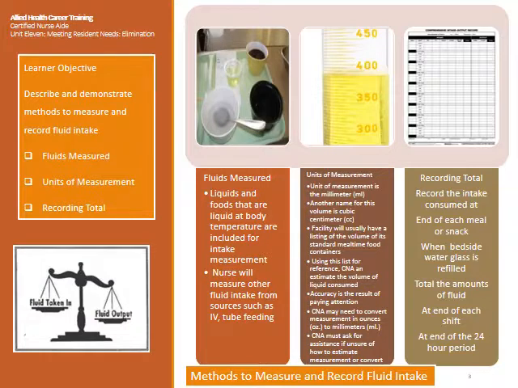In 1 ounce, there is 30 milliliters. You need to remember that. The CNA must ask for assistance if unsure of how to estimate measurement or to convert ounces to milliliters.